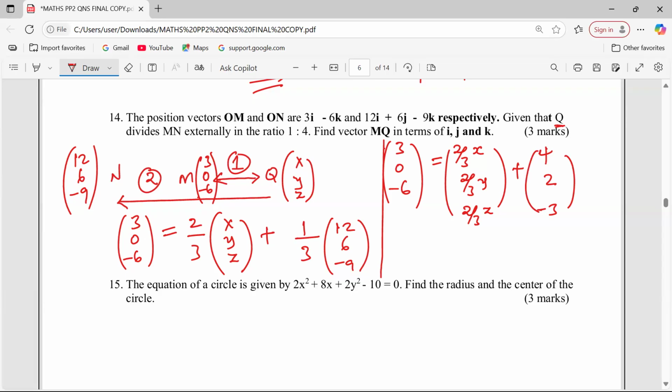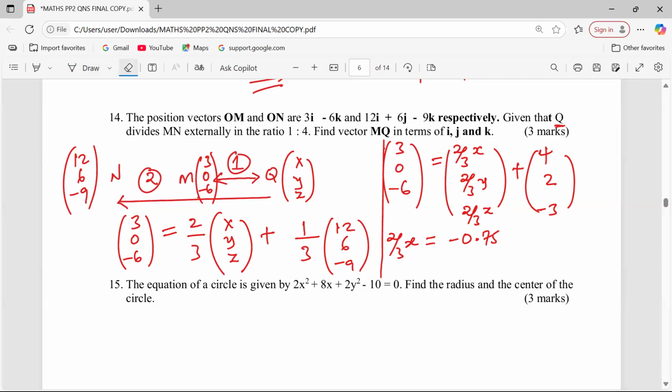So how do I remain with 2/3 x? It shall be 2/3 x equals 3 minus 4, which is -1.